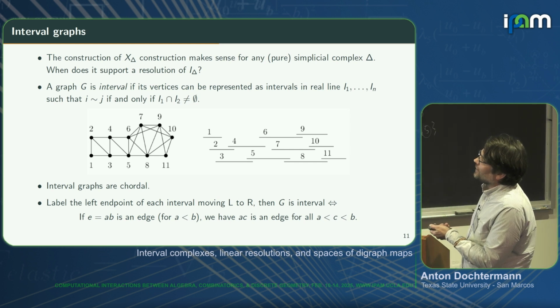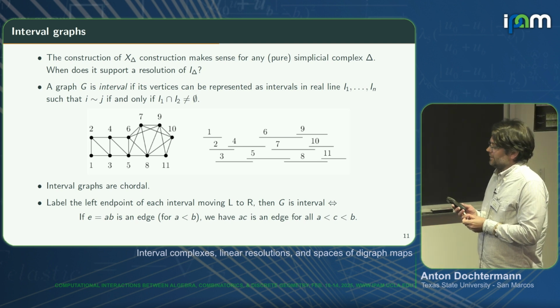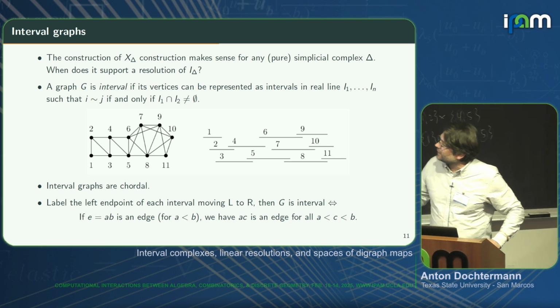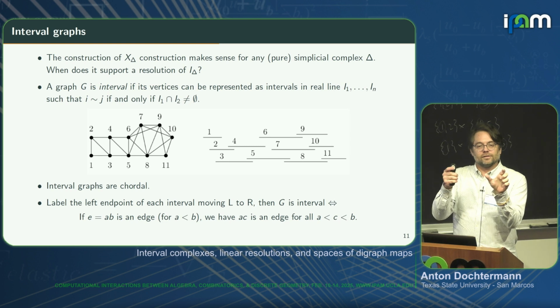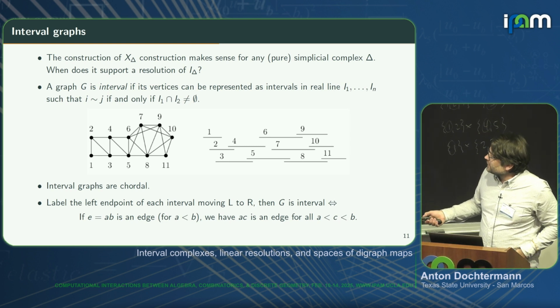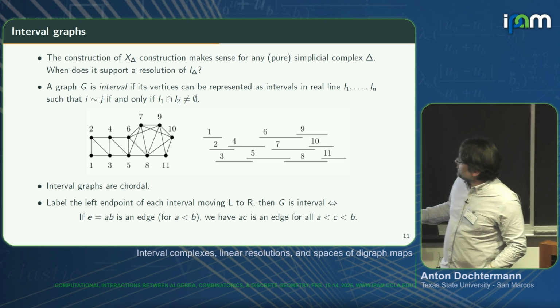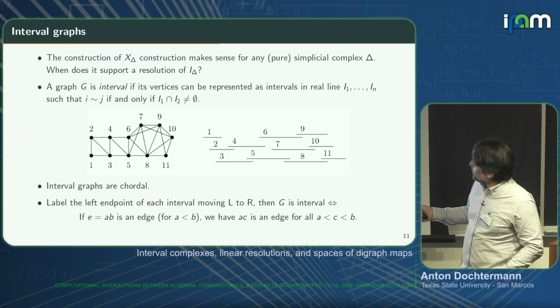More notation. Maybe you guys have seen the notion of an interval graph. A graph is interval if you can represent its vertices as intervals in the real line, and you say that those are going to be the vertices of the graph, and then you're adjacent if those intervals intersect. So here's a picture I stole from the internet, and nice big picture, right? I wouldn't want to try to draw this, but I also don't want to try to check this.